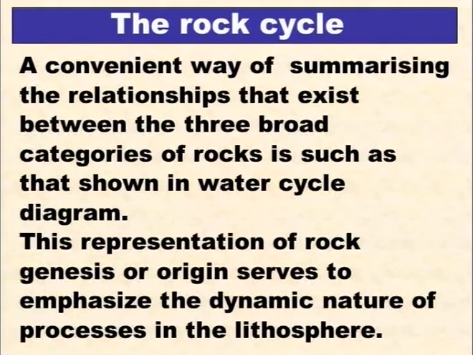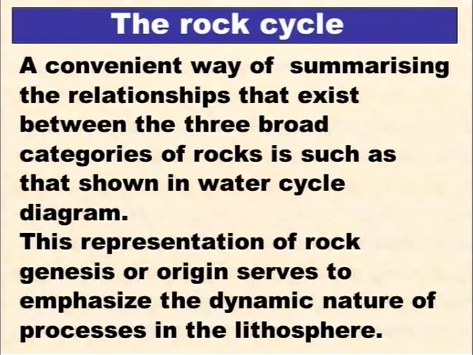So perhaps a rock cycle is a convenient and a good way to summarize the work that we have done on rocks. This representation of rock genesis or origin serves to emphasize the dynamic nature of processes within the lithosphere.